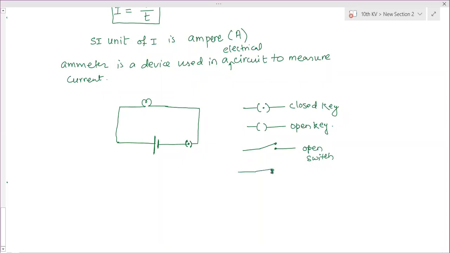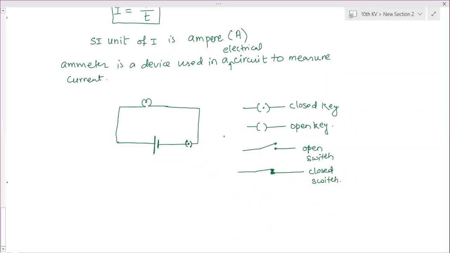And this is the closed switch, where this and this dot touch each other. So these are the different keys or switches. The function is the same: close the circuit, open the circuit. Closing means completing a circuit, so don't get confused with closed and open keys.